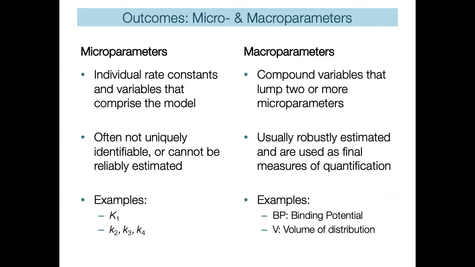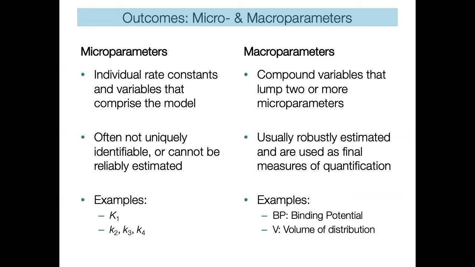But it's really hard because there's a lot of variability; we have too many unknowns for the number of knowns in this simple equation. So we rearrange some of the equations to compute compound variables, usually composed of ratios of some of these microparameters and kinetic parameters. They have biological meaning, and they are much more stable as a final outcome measure to quantify.